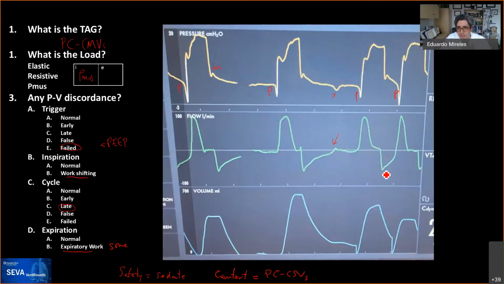You can see that it's not decaying nicely. And so I think that this is Pmus combined with probably normal, but I cannot necessarily say there's enough, given incomplete waveform tracings. In terms of the trigger, what type of trigger is this patient getting, Steve?